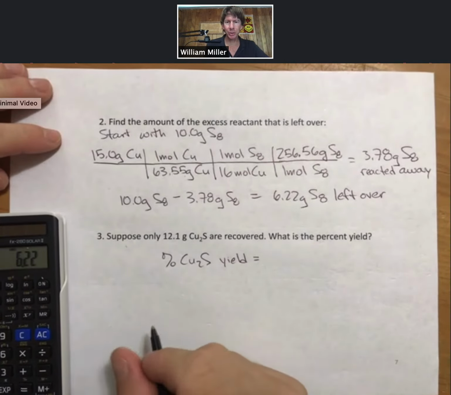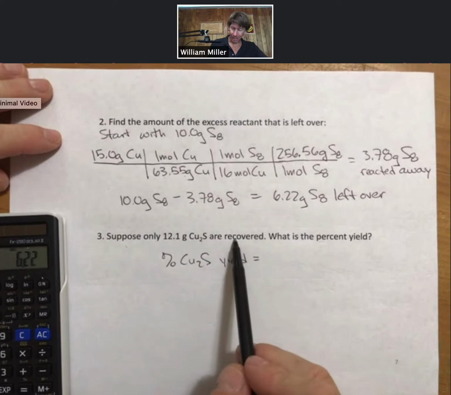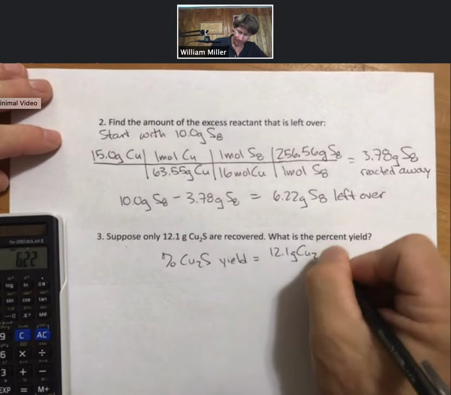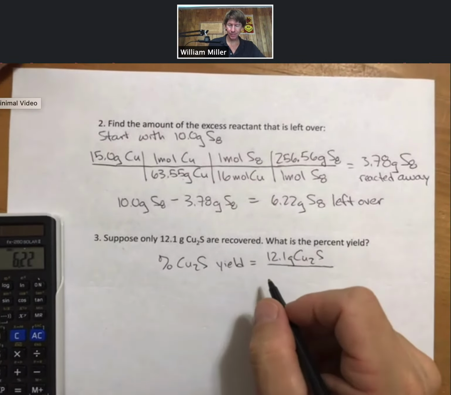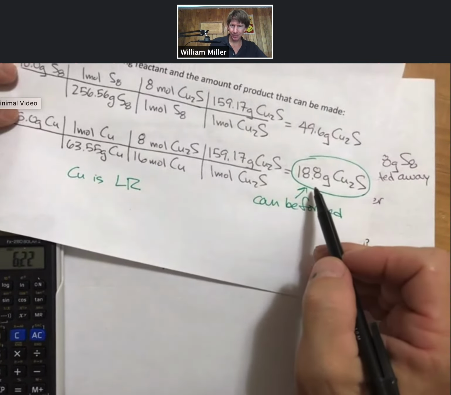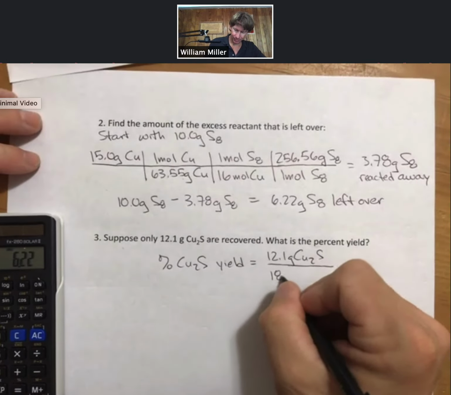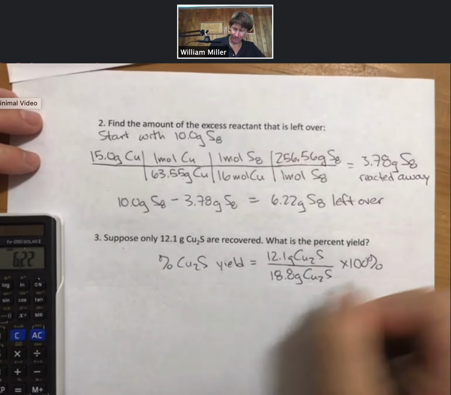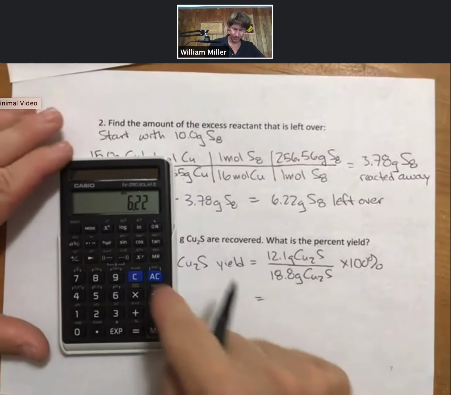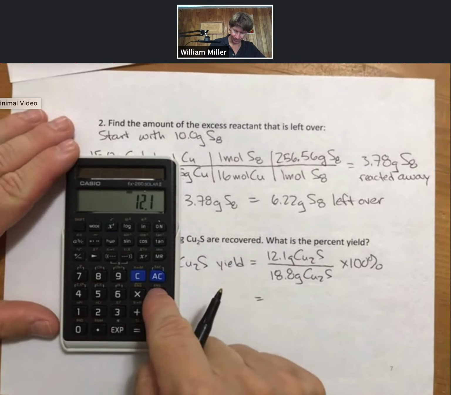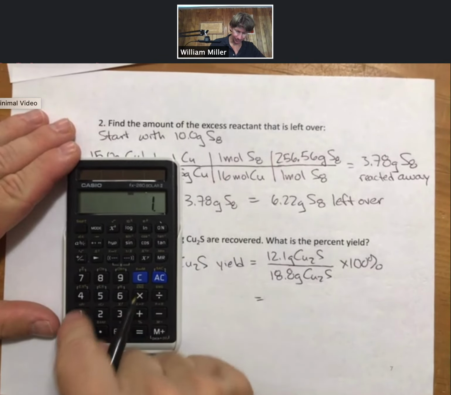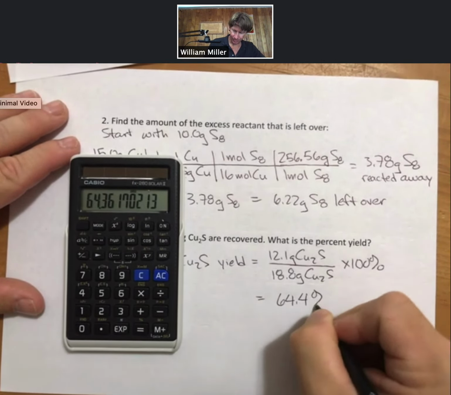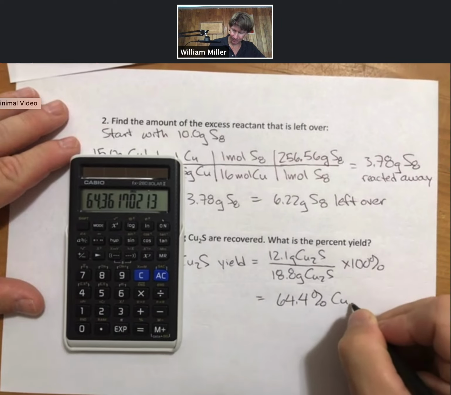Percent yield is always going to be actual amount, 12.1, over theoretical amount, 18.8, times 100%. 64.4% copper 1 sulfide yield.